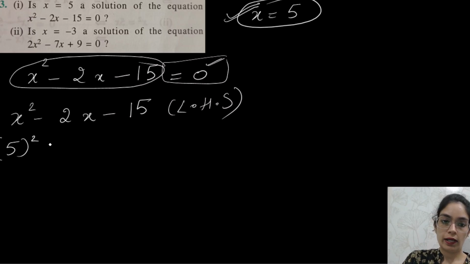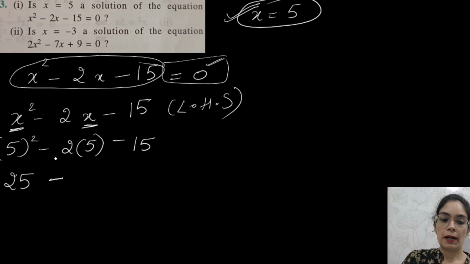So 5 square minus 2 into 5 minus 15. Wherever x is there, in that place I have written 5. 5 square is 25, minus 5 into 2 is 10, minus 15. So 25 minus 10 is 15, and 15 minus 15 is equal to 0.